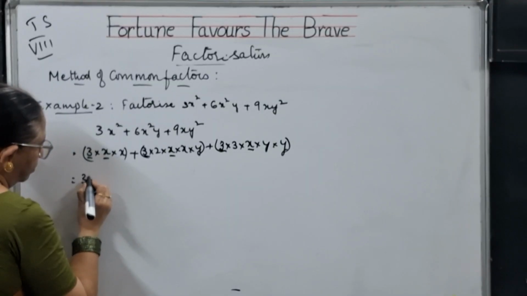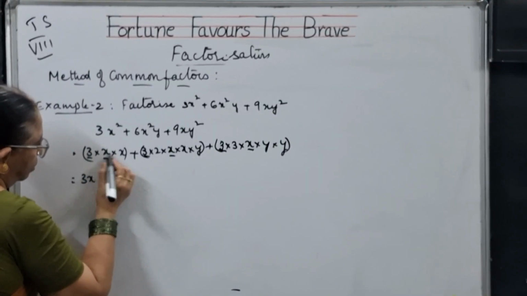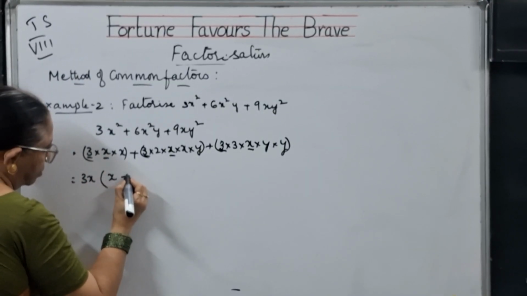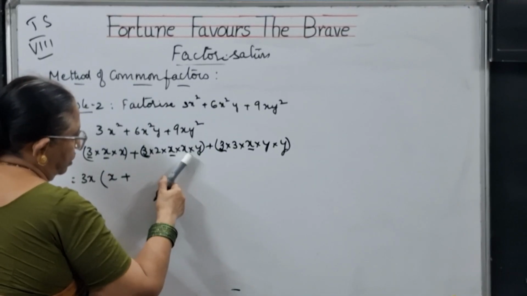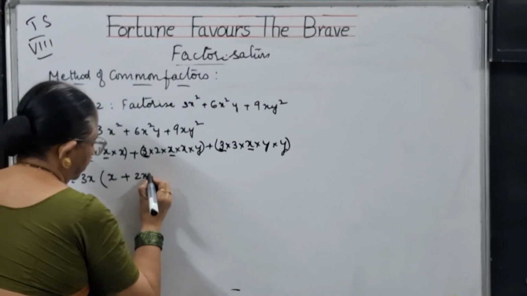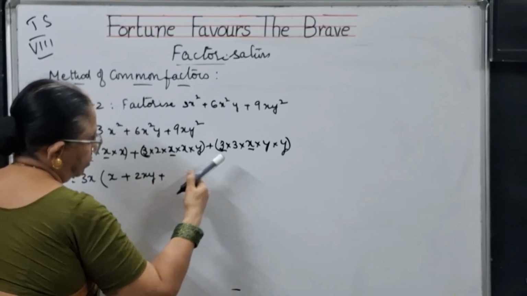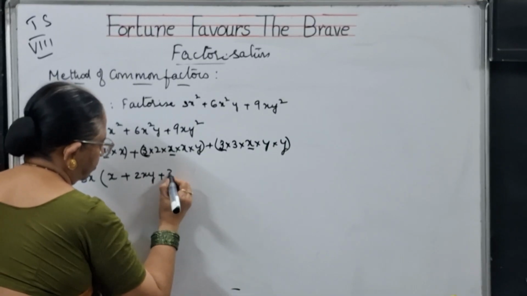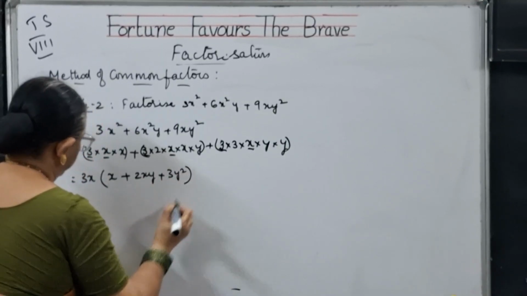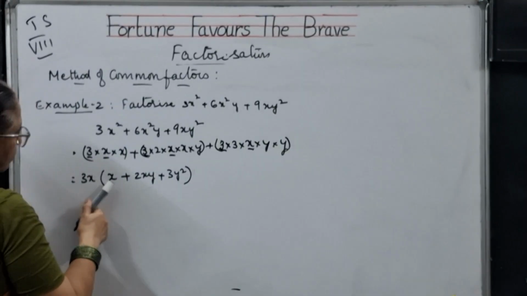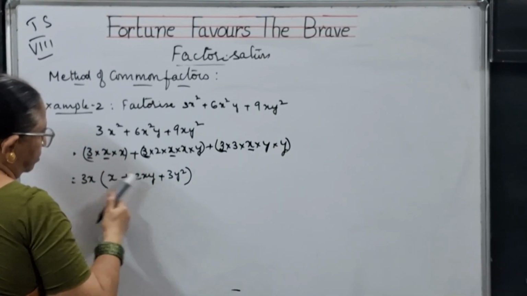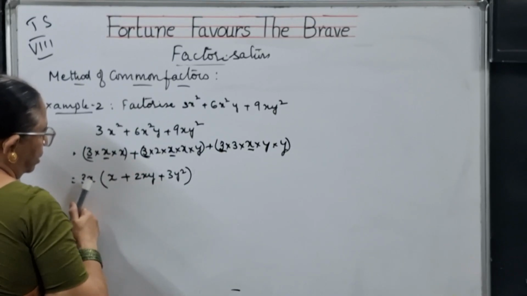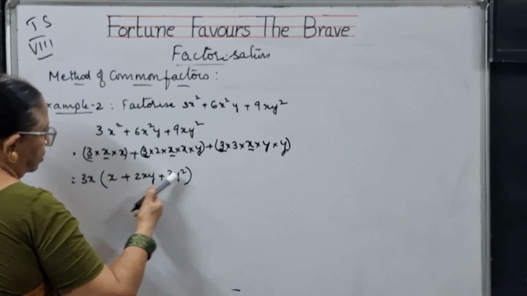So common is 3x. So 3x into, here left behind is x, plus this has gone, 2xy, plus 3x has gone, 3y square. So 3x into x, 3x square, plus 3 2s are 6, x into x, x square y, 3 3s are 9, xy square.